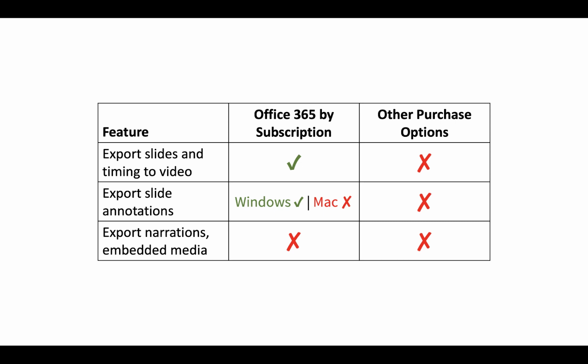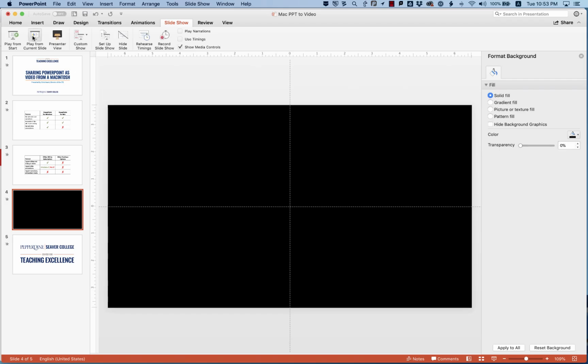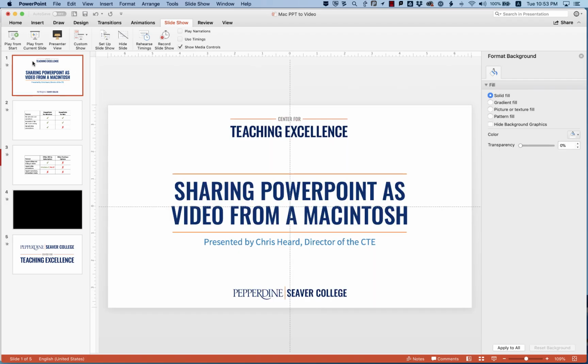So let's go ahead and end this PowerPoint slideshow and look behind the scenes at how we can turn this into a video. Now the tool that we're going to use to accomplish this is the QuickTime player, which is a part of the Macintosh system software.